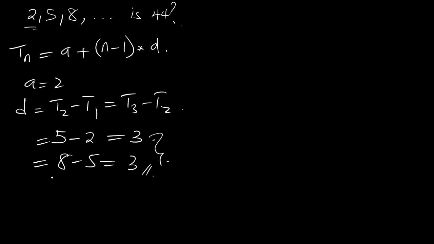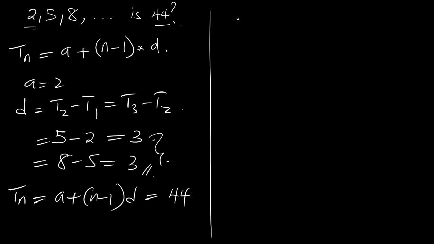Now let's apply that to get the term where you have the value 44. The nth term is equal to a plus (n minus 1) times d, which is equal to 44. What is the term when the value is 44?